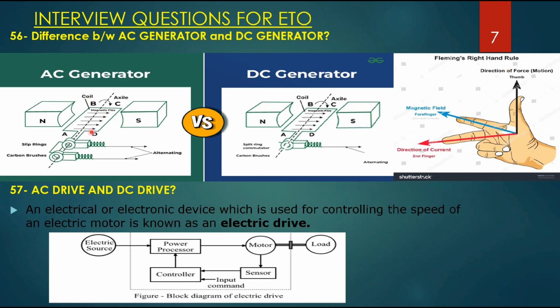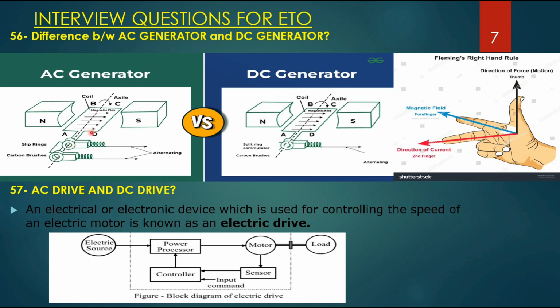So this is the AC generator, this is the DC. In both generators, the generation will be AC only. The collection of that current depends on the slip ring here and the commutator here. By using the slip ring we get AC, and by using the commutator we get DC supply.